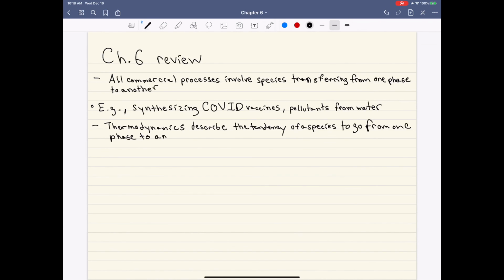Right. And so fundamentally, that's what thermodynamics is going to give us. For you, when you're working through these mass and energy balance problems, what thermodynamics is going to give you is more equations you could use in your degree of freedom analyses.